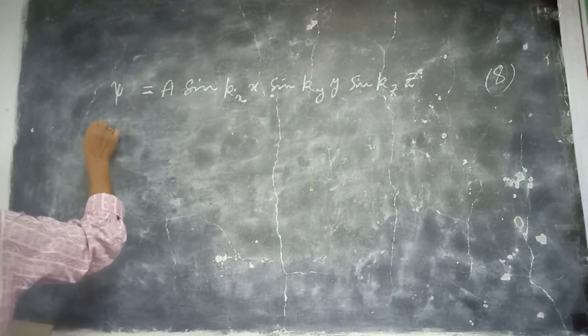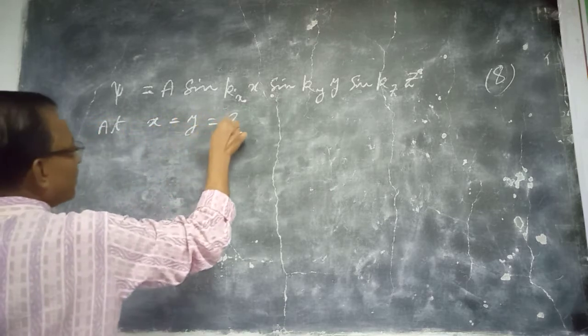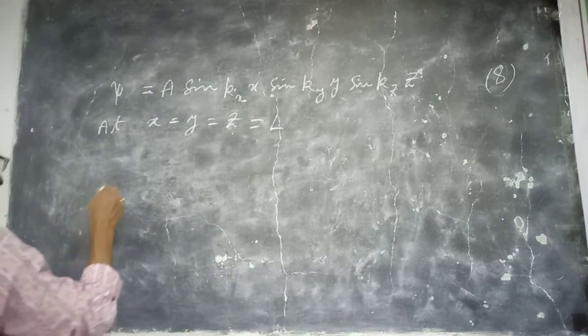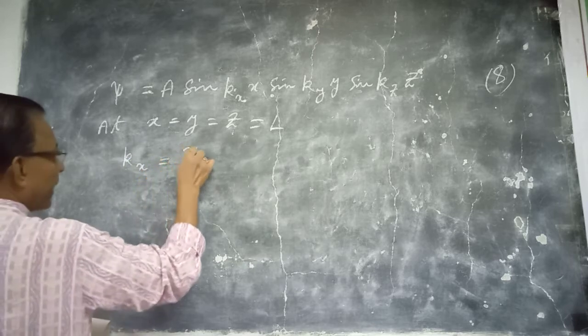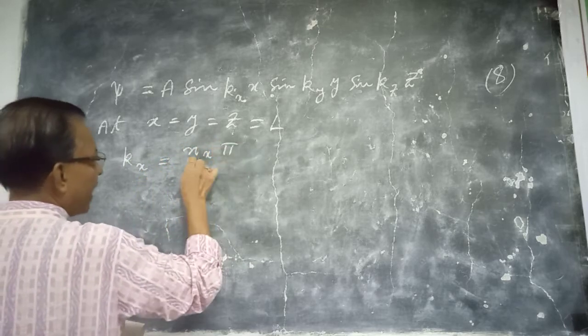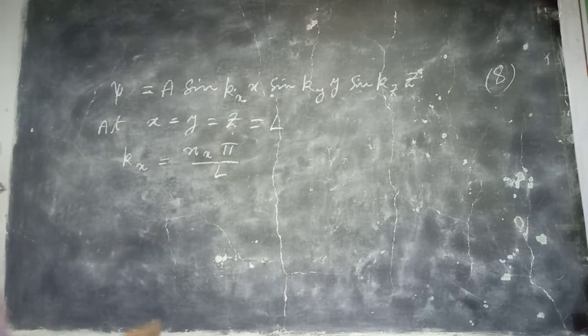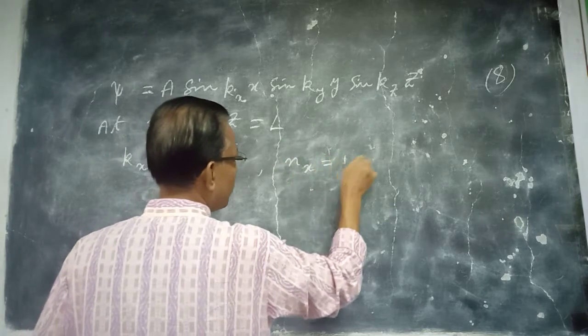We get kx equal to nx pi by L. Similarly, ky equal to ny pi by L. Here nx takes all integral values 1, 2, 3, etc.